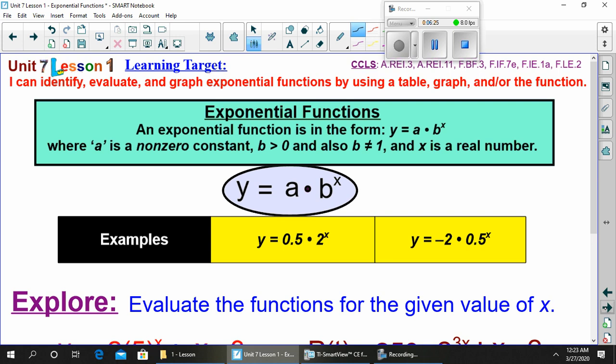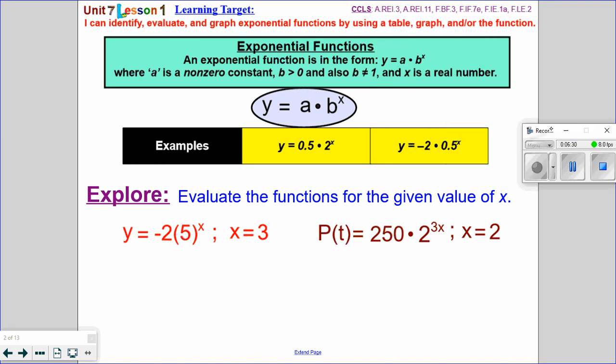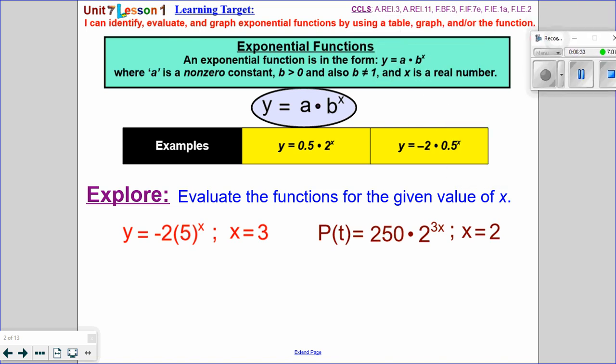All right, so going to this lesson here, we have exponential functions. An exponential function is in the form of y equals a times b to the x power. And I have it right here. That's an exponential function, where a is a non-zero constant and b has to be greater than 0.